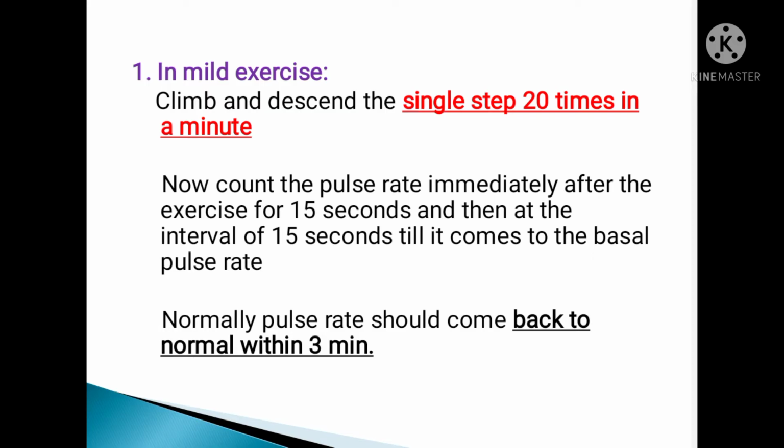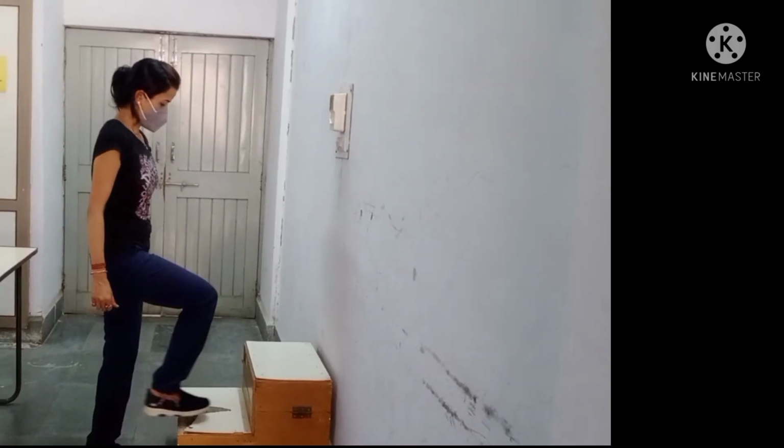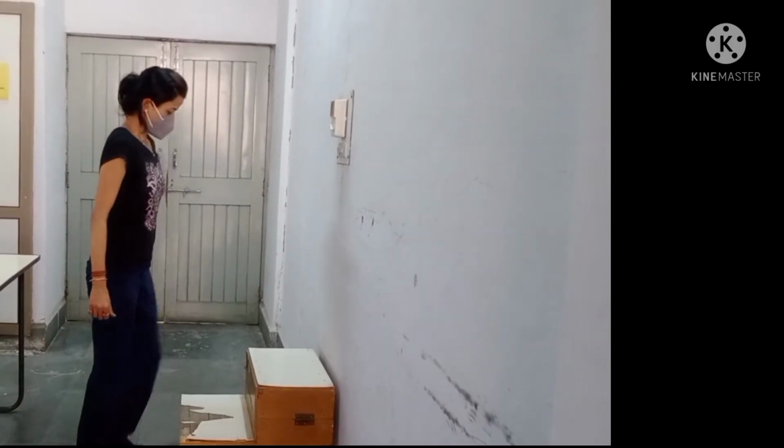Normally, the pulse rate should come back to normal within 3 minutes after stoppage of exercise. This is the diagrammatic representation of how to count the pulse. This way, mild exercise should be performed.